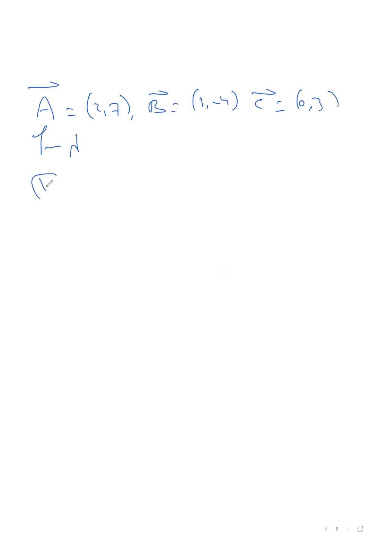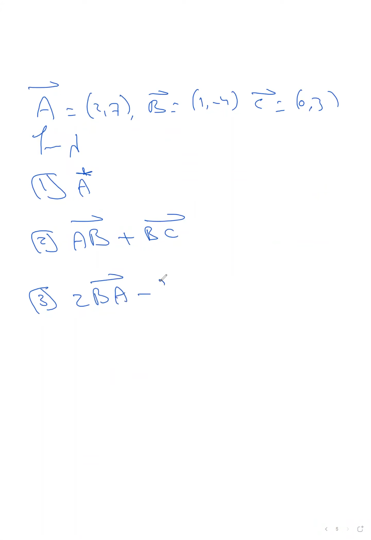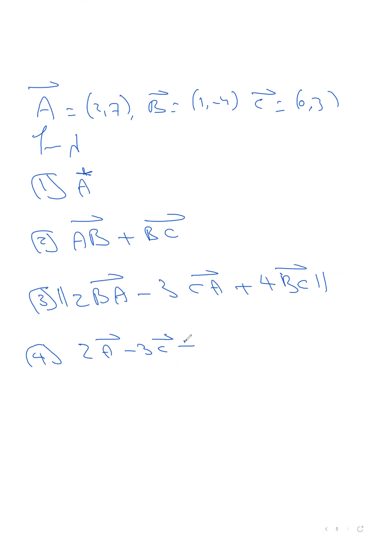Find: number 1, A star; number 2, AB plus BC; number 3, 2BC or BA minus 3CA plus 4ABC; number 4, find 2A minus 3C plus B in fundamental unit vectors. Come on, I'll give you 3 minutes to solve them.